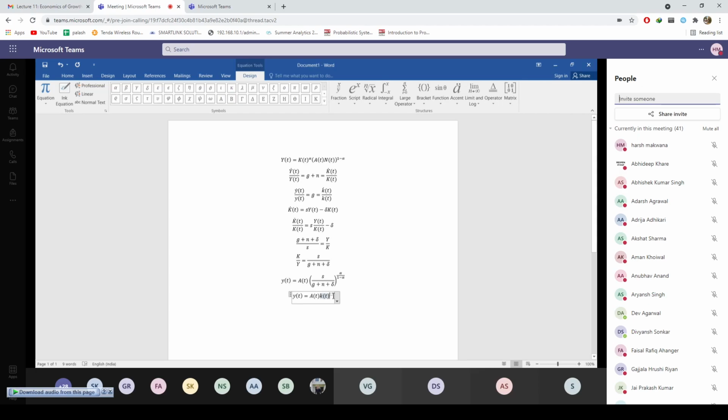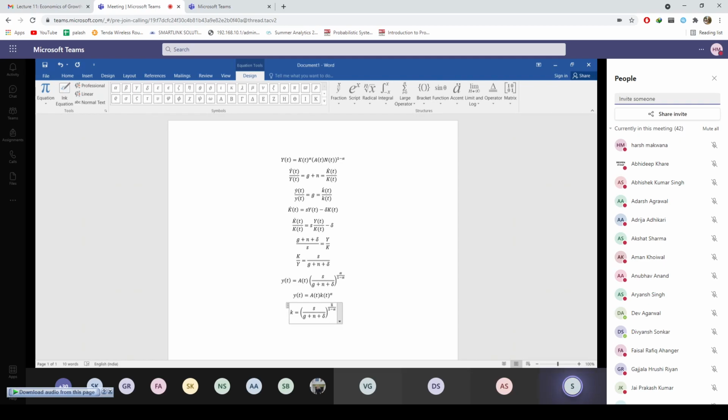Then from here I can calculate my small kt in the steady state, which is basically my steady state capital stock independent of t. So I can write small k equals to this.